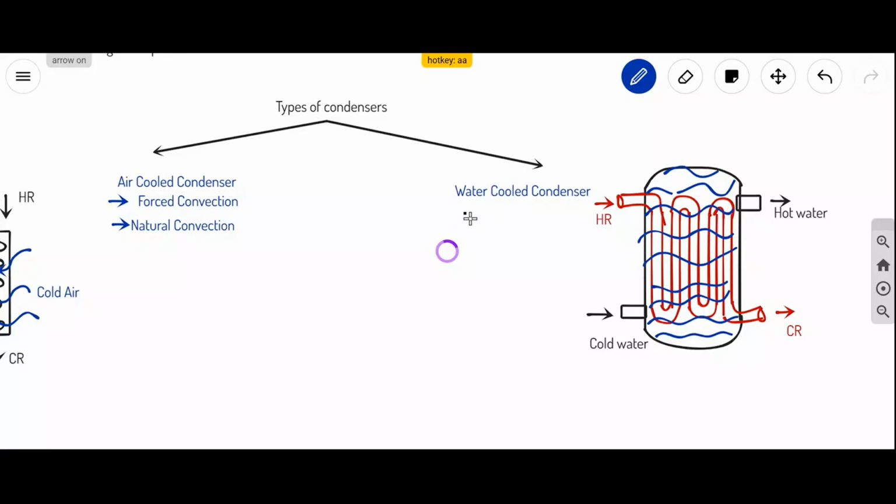In the water cooled condenser, we have shell and coil, shell and tube, and double pipe.